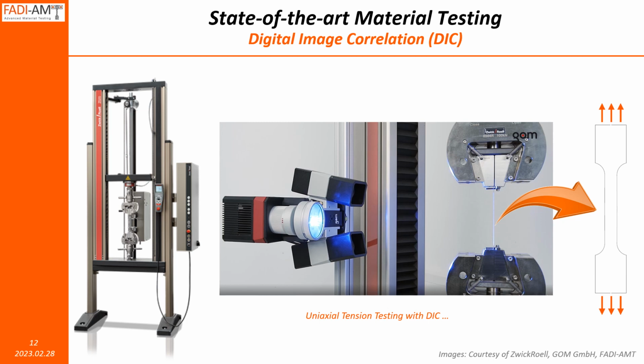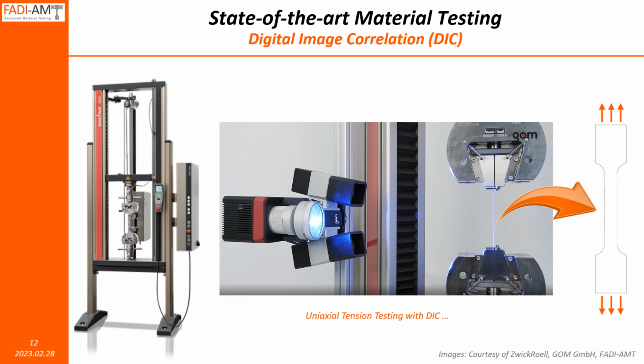Now comes the state of the art in material testing, that is digital image correlation. How does that work or couple with material tests? In the picture in the middle of the slide, we see a set of cameras looking at the specimen while it is deformed.